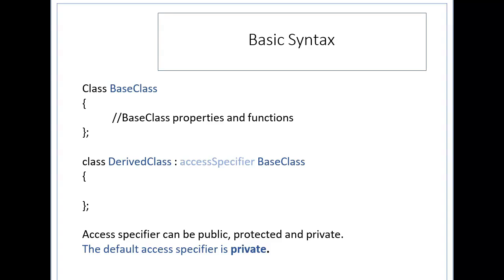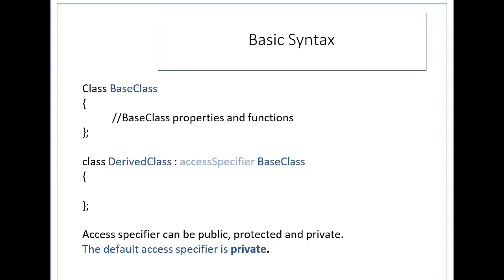Now when you want to create the child class, then again the syntax is class space the name of the child class. The name of the child class I am taking as DerivedClass. So class space name of the child class colon. You can use any access specifier like private, public, protected, and then you can specify the name of the parent class from which this class is derived.